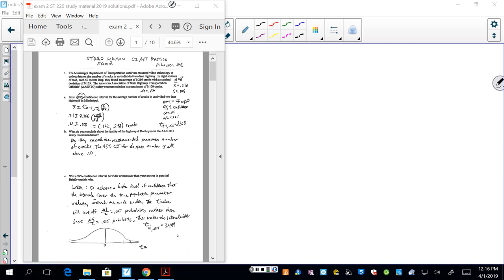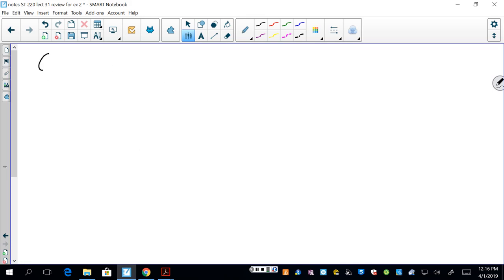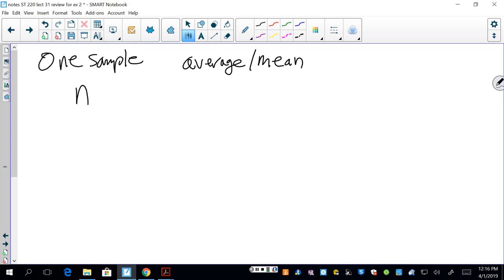So one type of problem is when you have one sample, and you're interested in the average or mean. It gives you the sample size, an average and a standard deviation. The population mean in symbols is mu, and we can do a 95% confidence interval for the average.